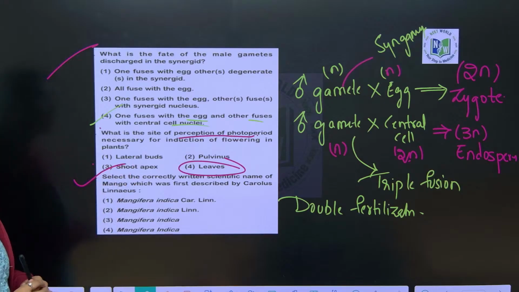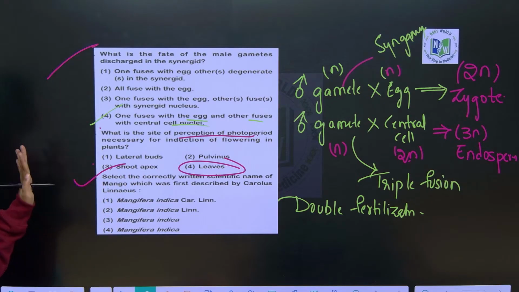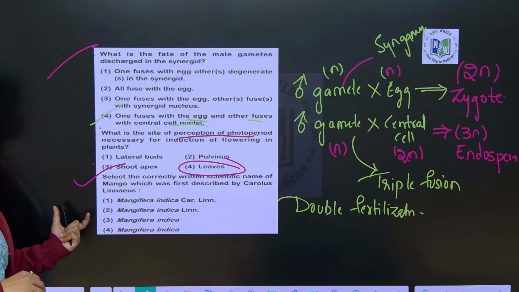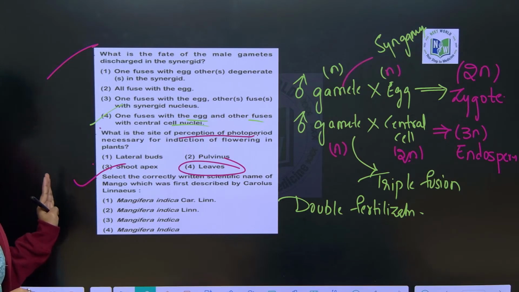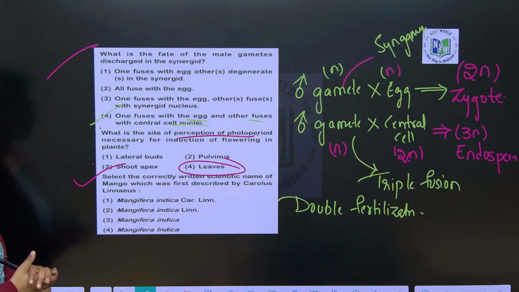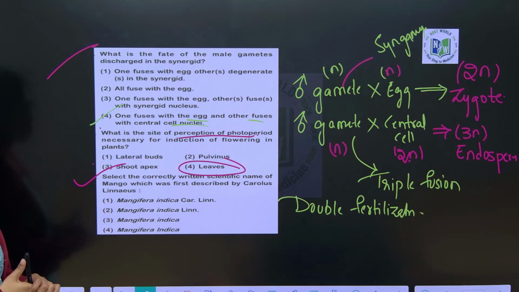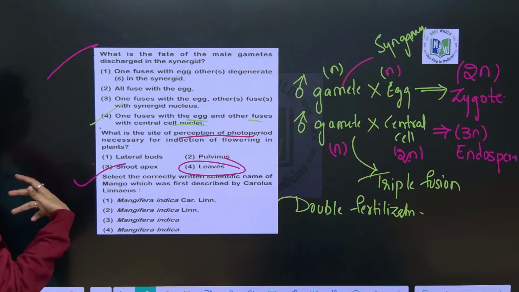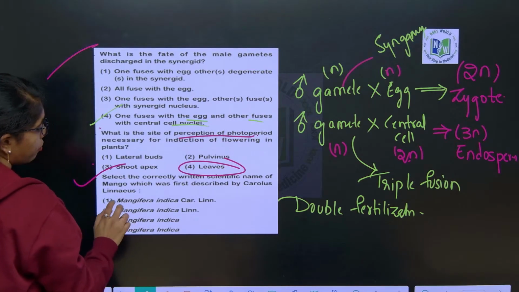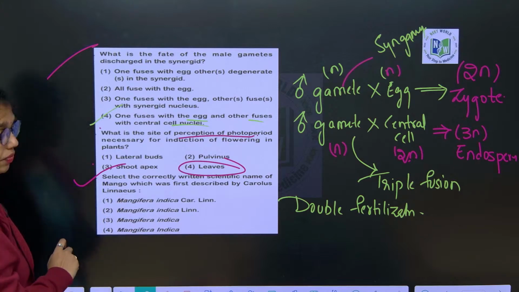Then select the correct one. This is from Living World, where the nomenclature of Carolus Linnaeus, binomial nomenclature, the rules of binomial nomenclature are asked. The scientific name should have one generic name and one specific epithet.